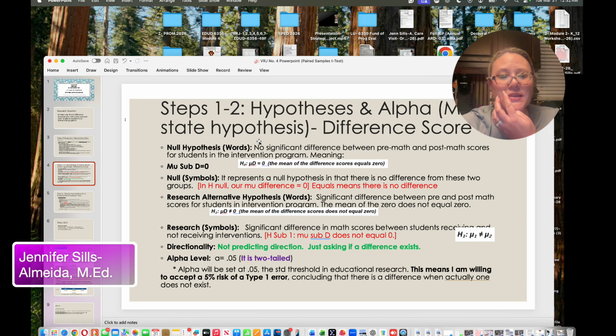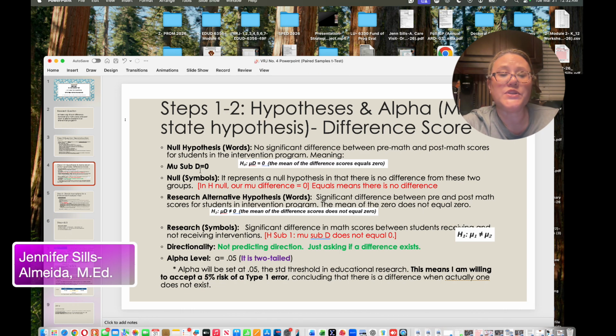Now, for steps 1 and 2, we have to look at the null hypothesis. The null hypothesis is that there would be no significant difference between pre-math and post-math scores for students in an intervention program, meaning it would have no difference. So the mean of the difference scores equals 0. If it equals 0, then that would be the null hypothesis.